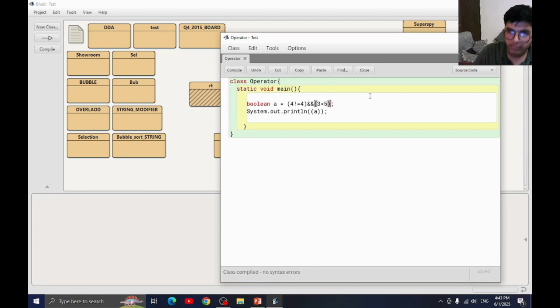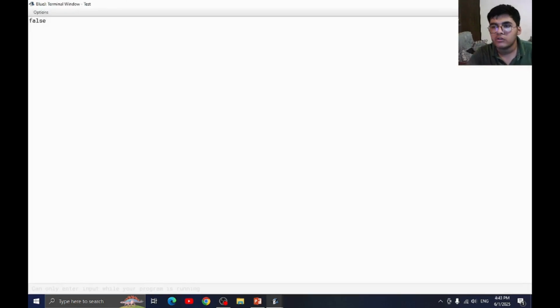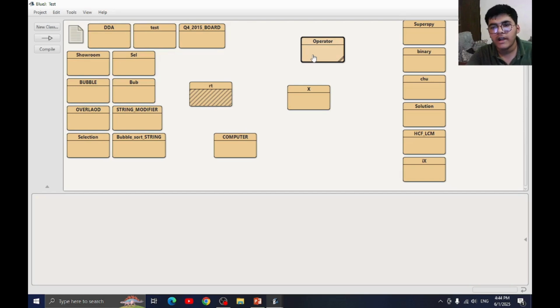So if I want, I can put another AND operator and write another condition here. Let's say I'm writing 4 equals to 4. So again this condition is true, this is true, but this is not true. So you see, again our answer is going to be a false. All conditions need to be true. That is the function of the AND operator.